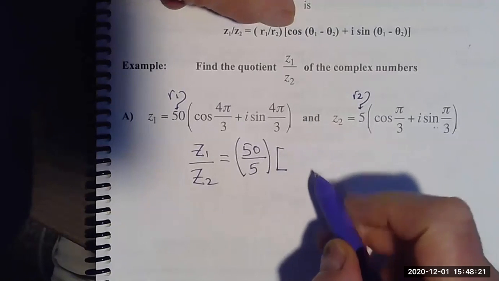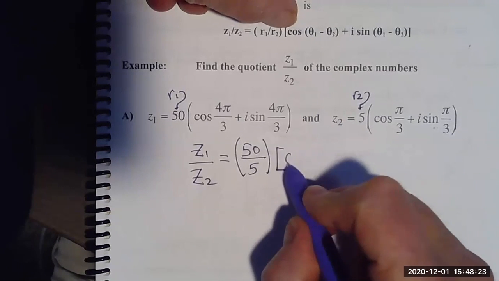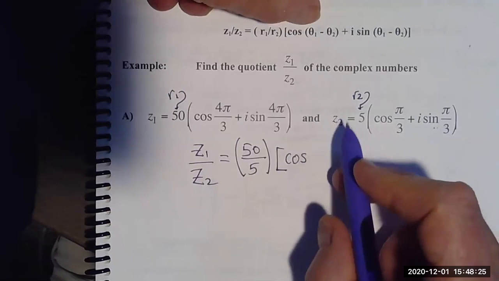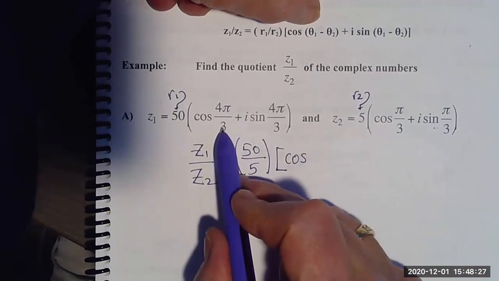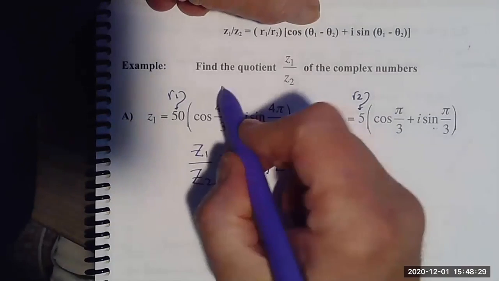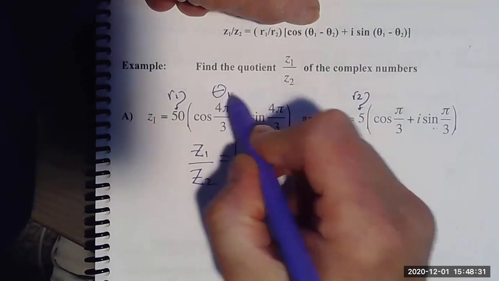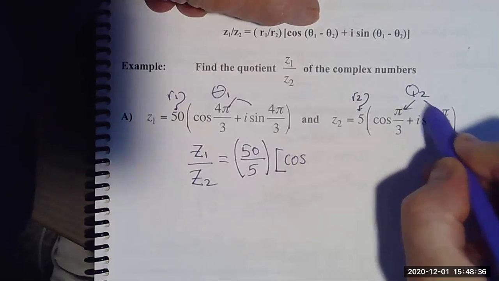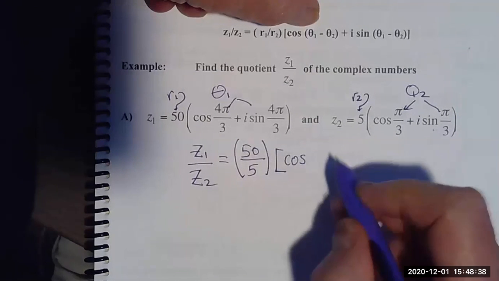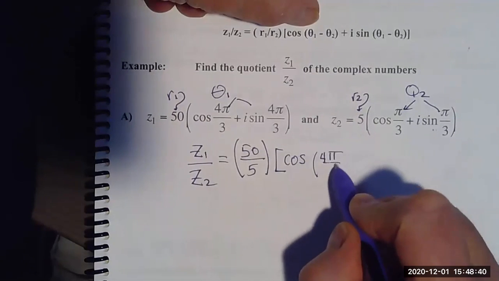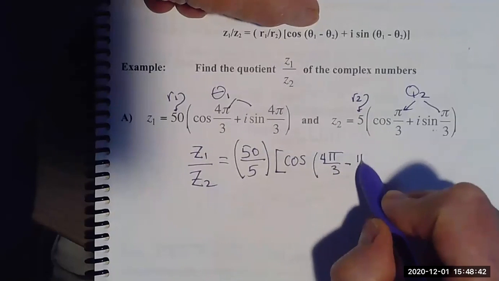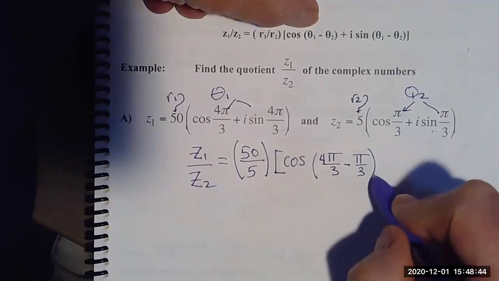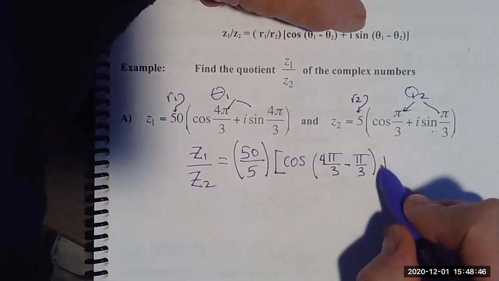Now bracket, cosine of the thetas, but take this and subtract that. So this is theta sub 1 here, and theta sub 2 is there. So 4 pi over 3 minus pi over 3, plus i.